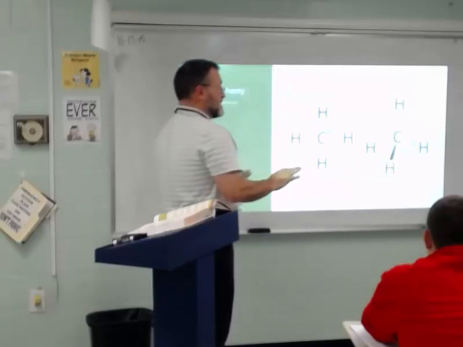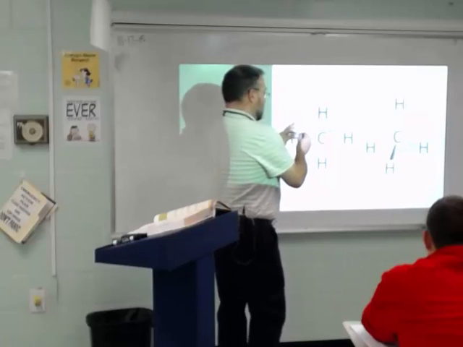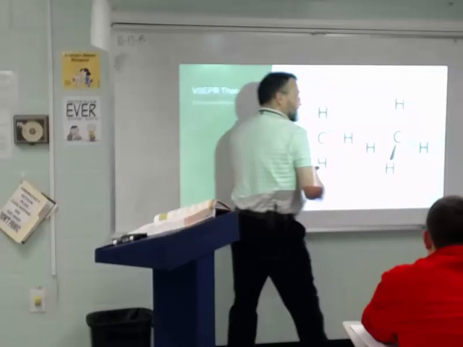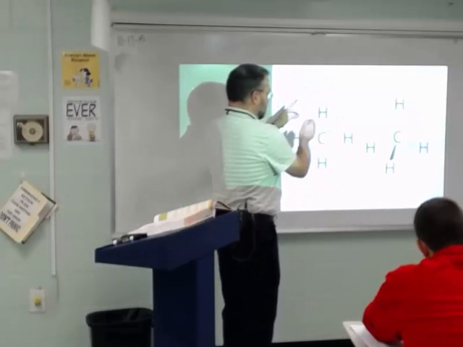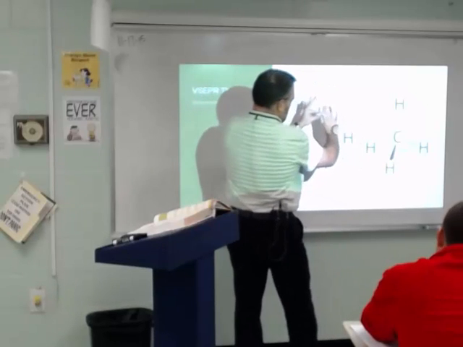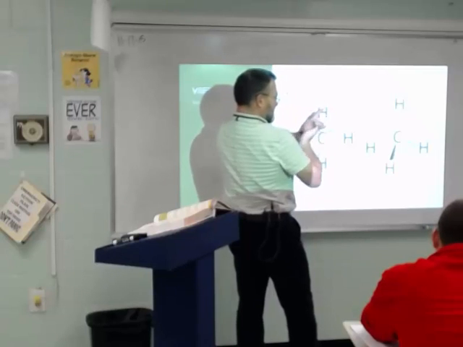Okay. We're trying to represent this shape, and because it's not a flat world, it's a 3-dimensional world, we draw it using those symbologies to show the bond in the back and the bond coming forward.